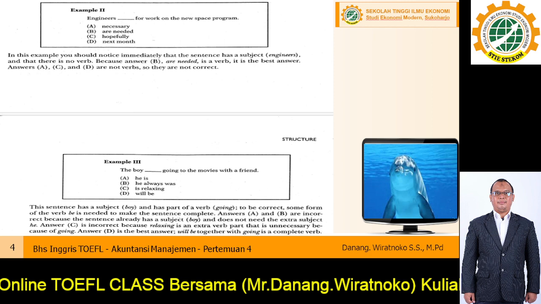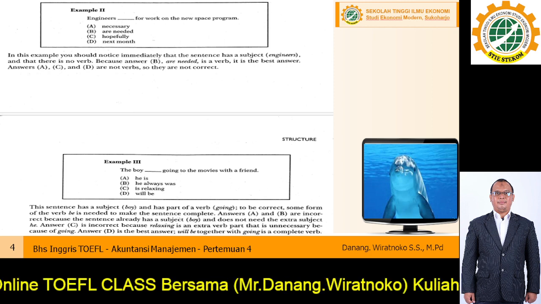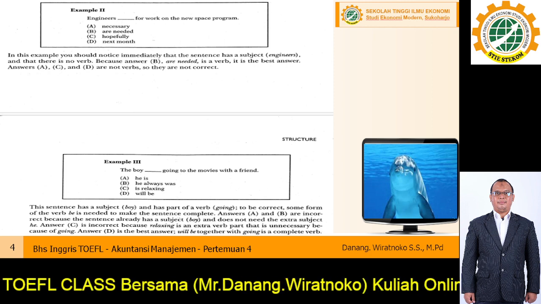Okay, and then example number 3, the boy blank going to the movie with a friend. So in this sentence, the subject is the boy, and it has a part of a verb, going. So to be correct, some form of the verb be is needed to make the sentence complete.